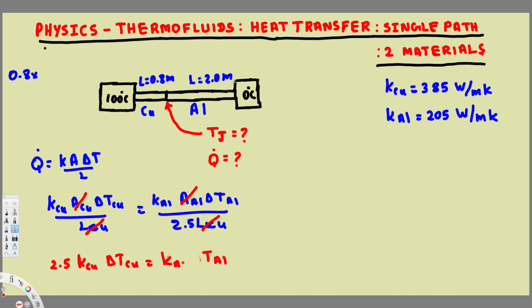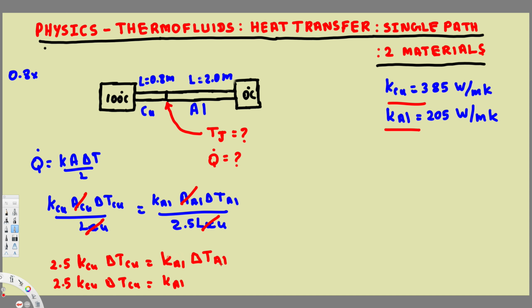Kal times delta Tal. Now here we have two unknowns. We know the Kcu value that's provided right here, and we also know Kal, but delta Tcu and delta Tal, both of them are unknown. Now we have to write in one term to solve for one of them, right? So now let's write everything in terms of delta Tcu. 2.5 Kcu delta Tcu is equivalent to Kal.